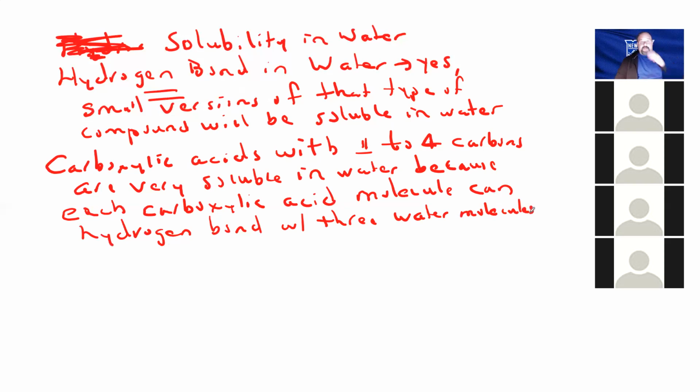So, in fact, as compared to even alcohols, carboxylic acids would be more soluble than alcohols are because each carboxylic acid molecule can hydrogen bond with 3 water molecules. So let's go over why that is.